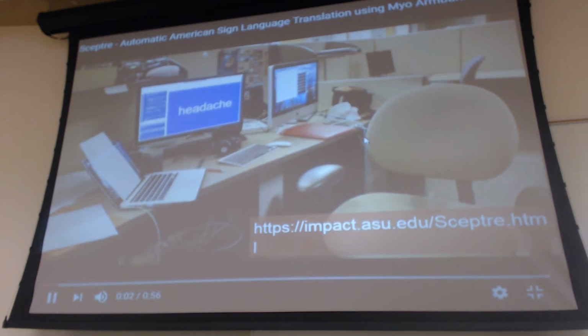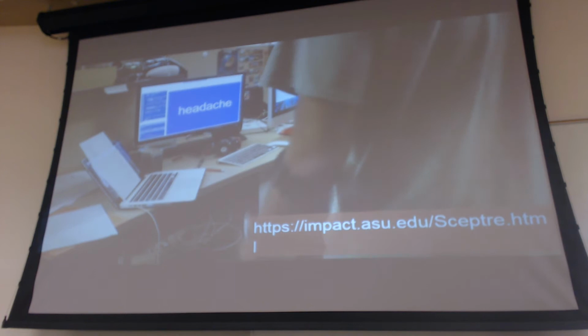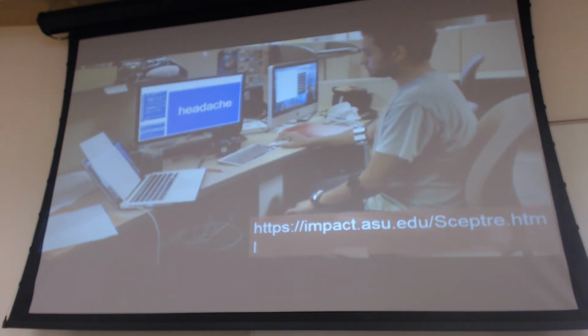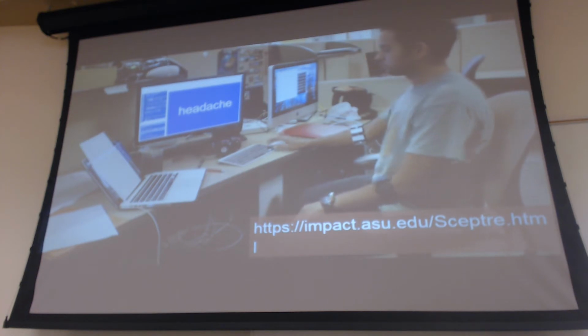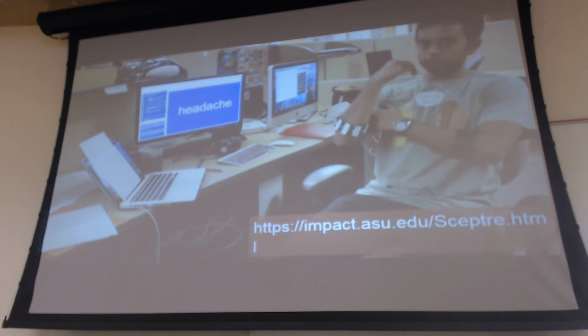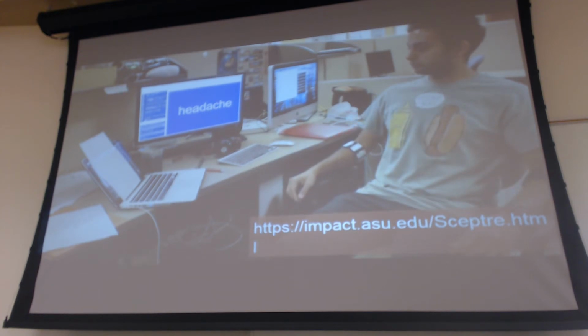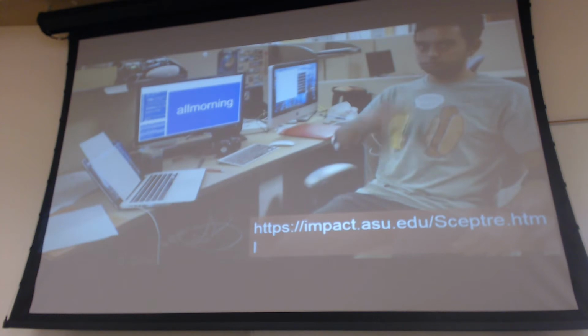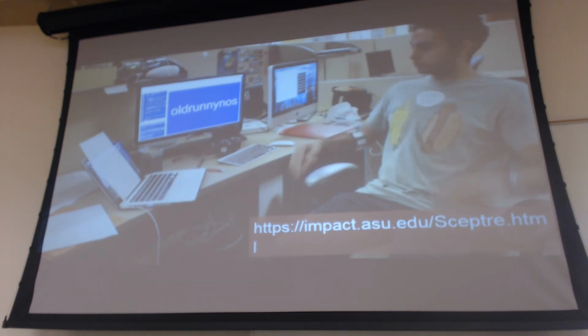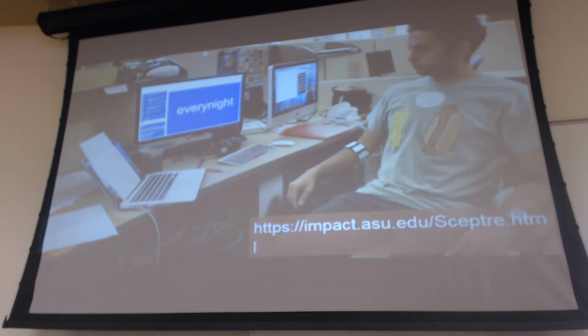So this is a desktop system. This is not really a mobile system, but this is probably what you might have seen on the first page. So that's the sign for all morning. Cold and runny nose. Every night, like the little sign.